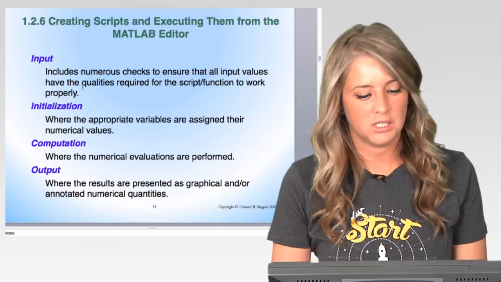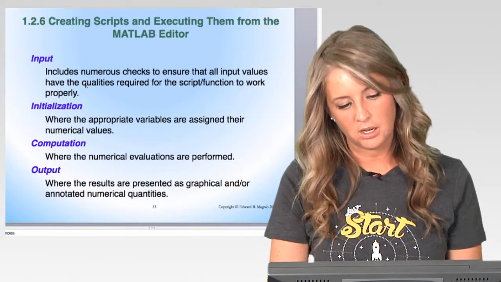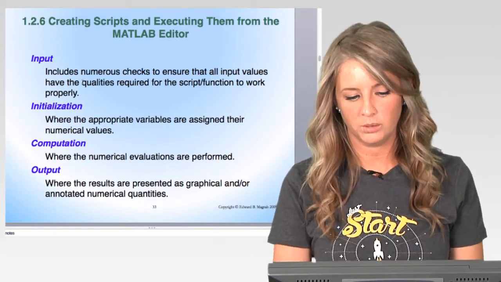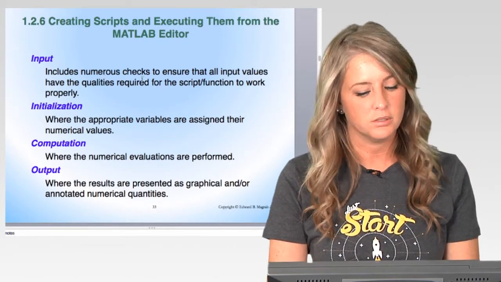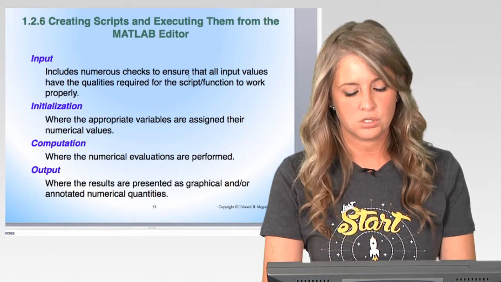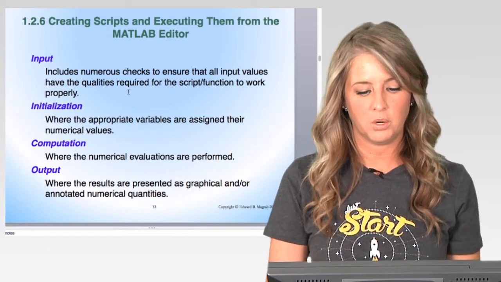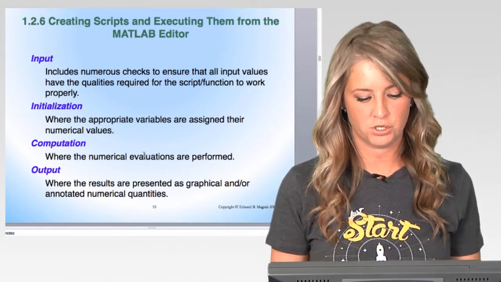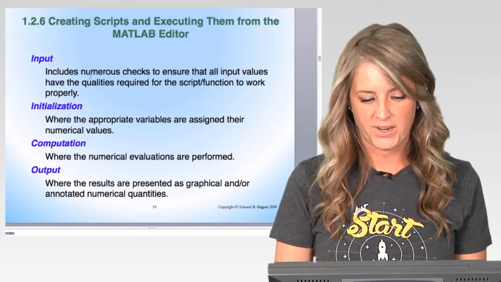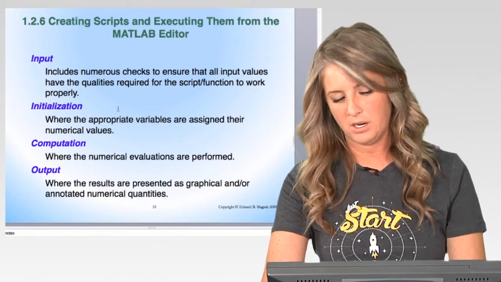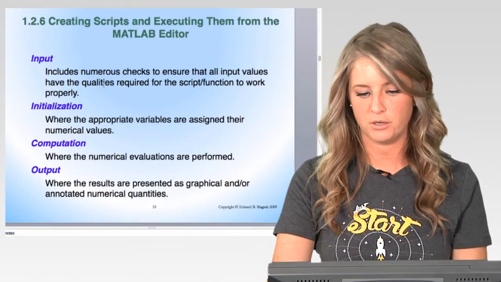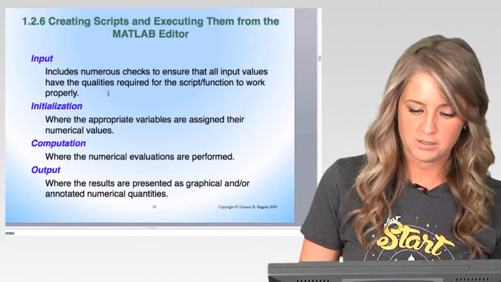So just a little bit of key terms or some vocabulary to help you understand what's going on in your script. So we have inputs. This includes the numerous checks to ensure that all input values have the qualities required for the script function to work properly. What that's explaining is that you initialized your variables for an expression first, and so it goes through and checks to make sure you did that.